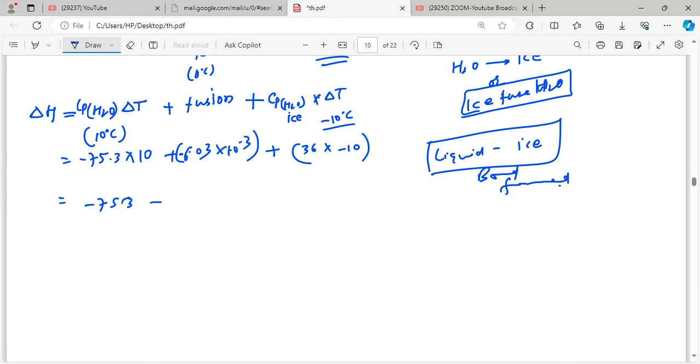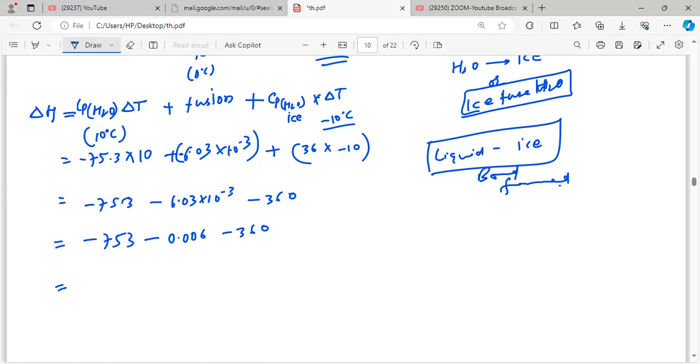So what will be there if you are adding this? 6.03, I am writing 10 power minus 3 as it is, and then minus 360. I don't know how much you are going to understand. If I solve this a little bit more, let me go back. Minus 753, and this will be the negative term, 0.006, minus 360.